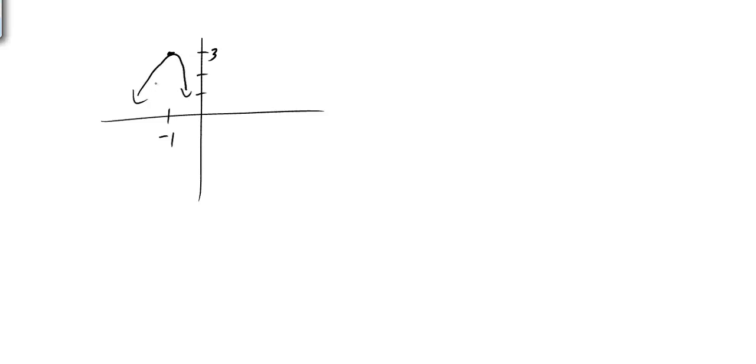All right, let's look at another example. Let's say that I give you the following graph. Let's say that we have over 1, and let's say that we go up 3, and our graph is opening like this.